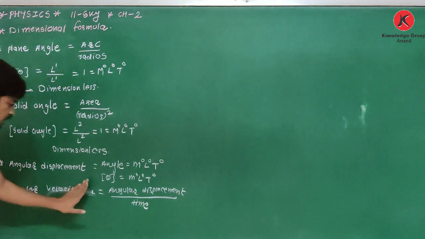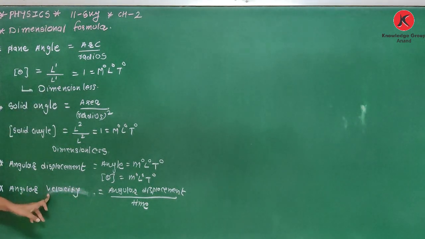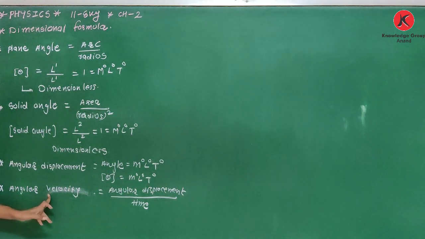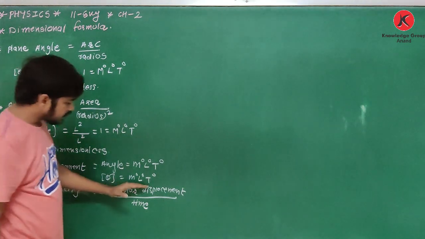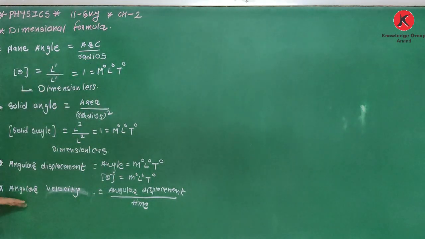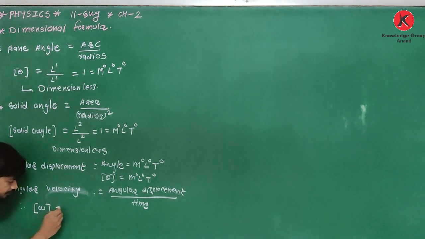Remember, we will discuss this equation in chapter number 7, that is system of particles and rotational motion. So angular velocity is equal to angular displacement upon time. Angular velocity is denoted by omega.